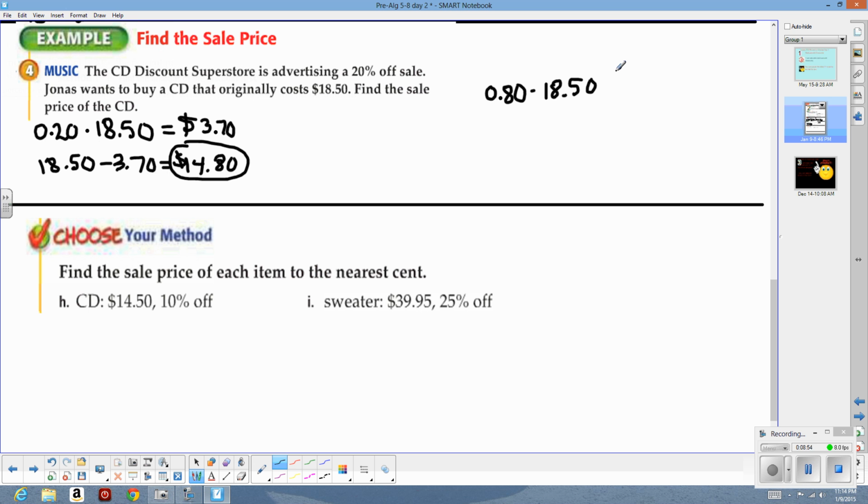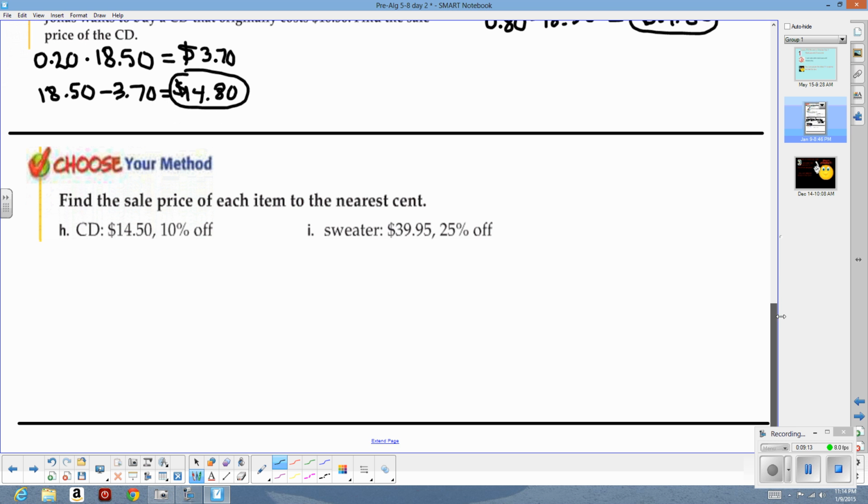If you take 80%, or 0.8 times $18.50, you are going to get right to the selling price of $14.80. You can pause the video and try the next two on your own.